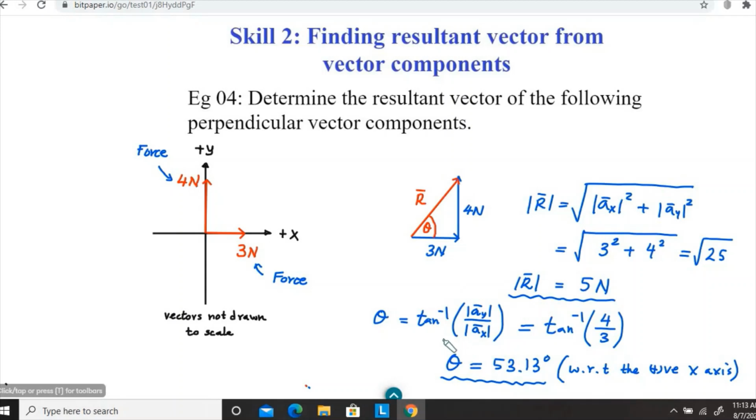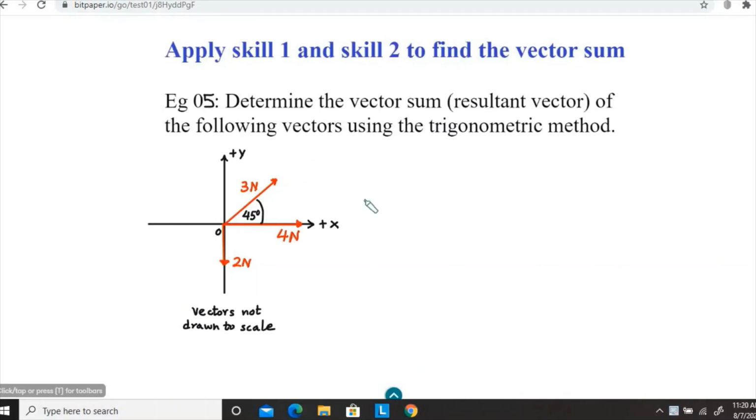So that's how you do this example problem. It's a very straightforward, simple one. Now let's try to apply skill 1 that we learned earlier and skill 2 together to find the vector sum of several vectors. So example number 5 is related to that.